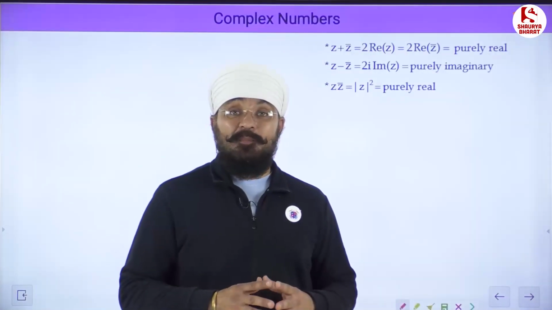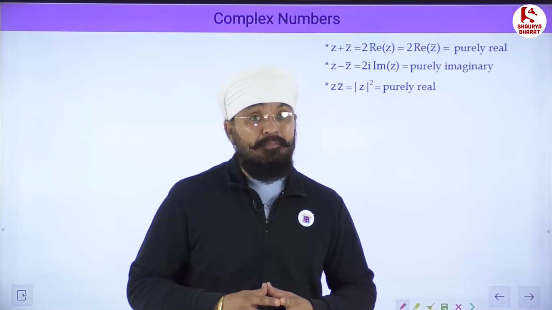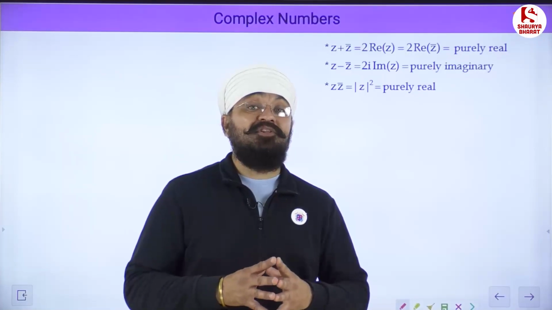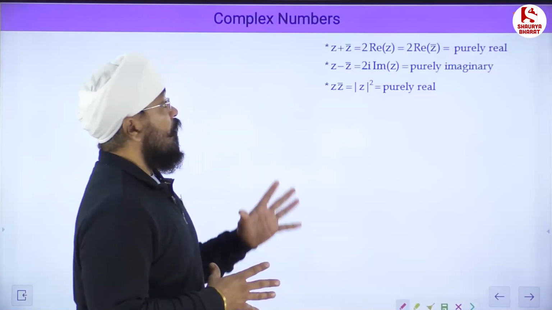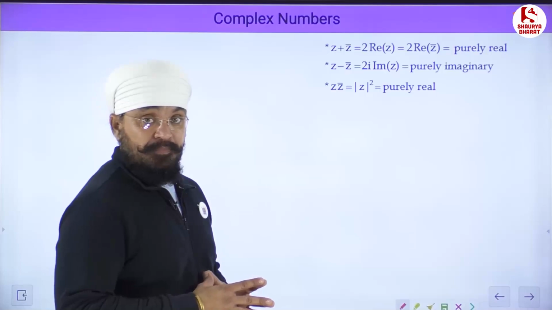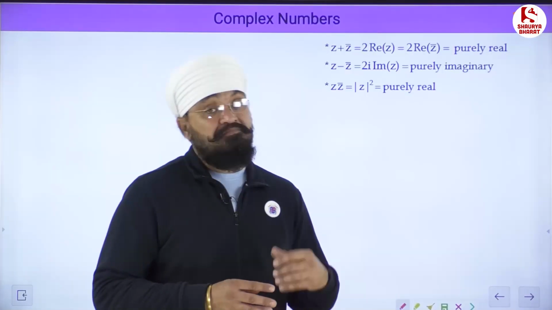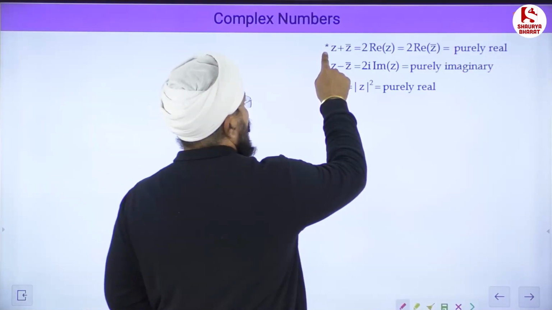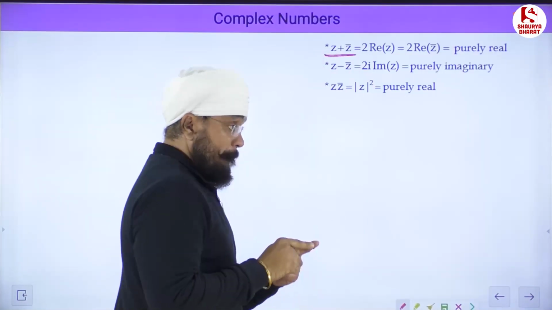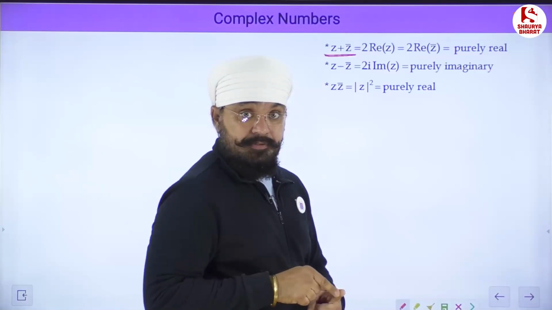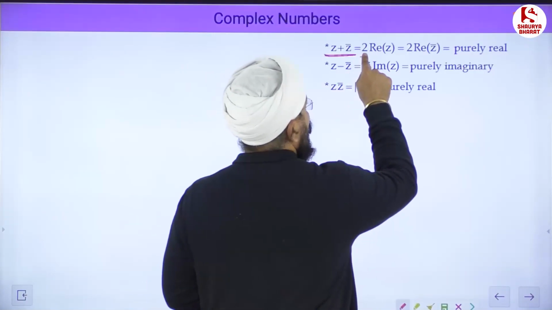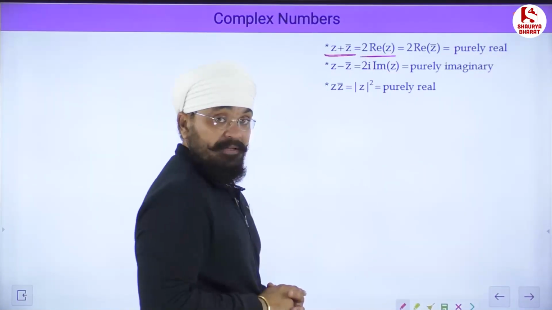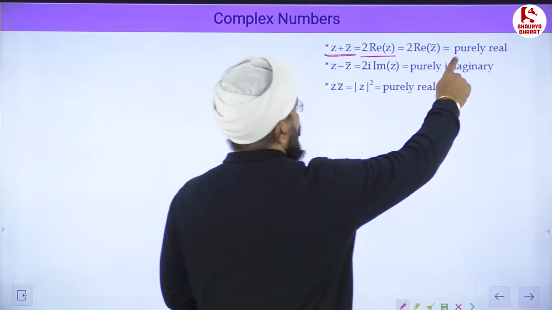Now, apart from the properties of conjugate and modulus separately, we have three more important properties of complex numbers, which will come in many questions. We can remember that the sum of a complex number with its conjugate will always be equal to twice the real part of the complex number, which is nothing but purely real.